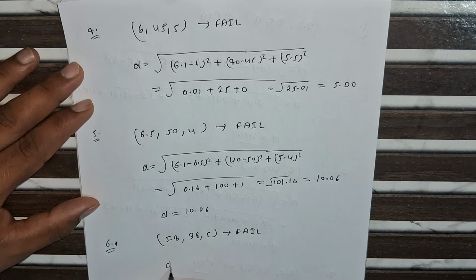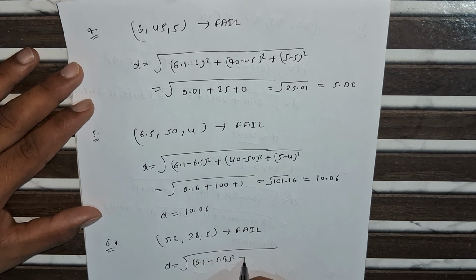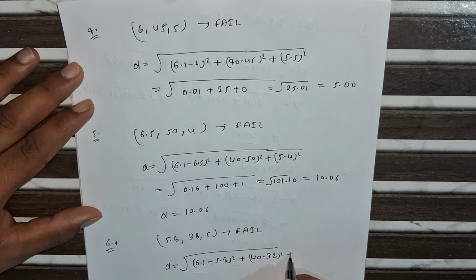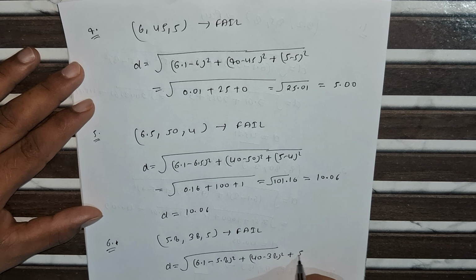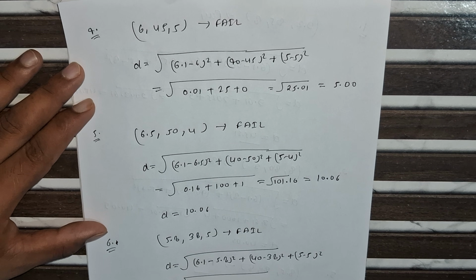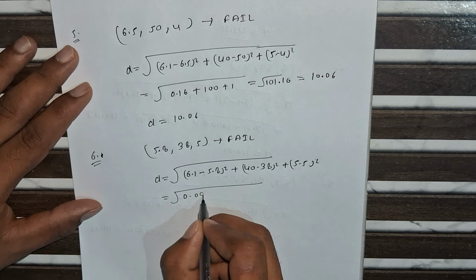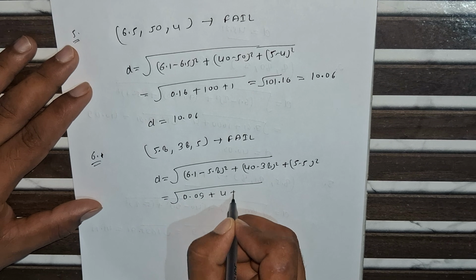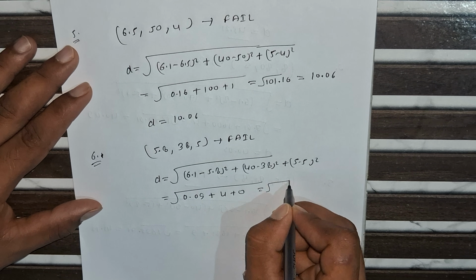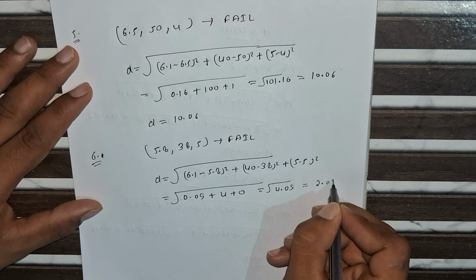So our distance is 6.1 minus 5.8 whole square plus 40 minus 38 whole square plus 5 minus 5 whole square. So when you calculate it, it becomes 0.09 plus 4 plus 0, which is equals to under root 4.09, which is equals to 2.02.